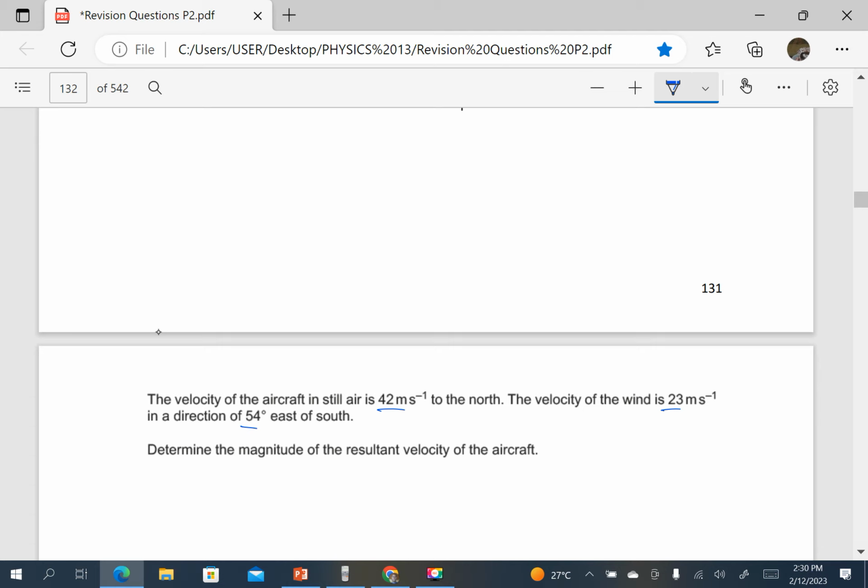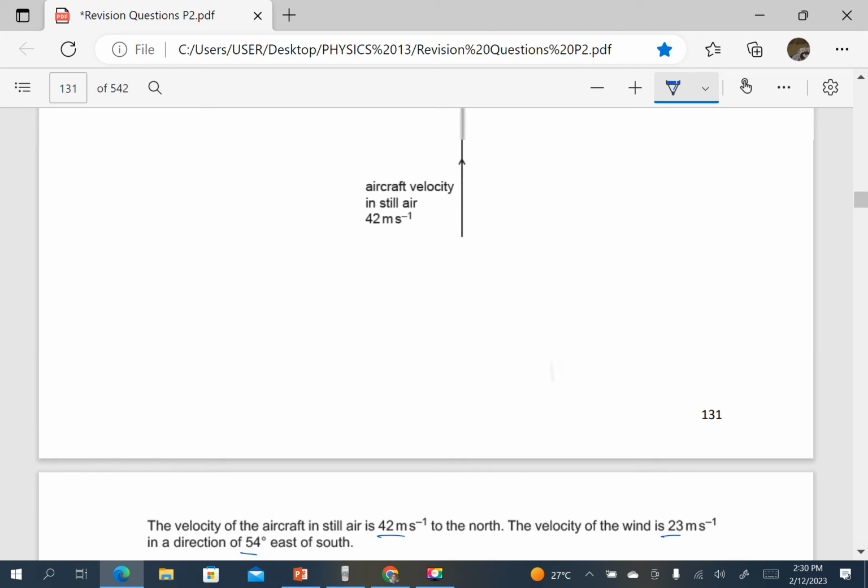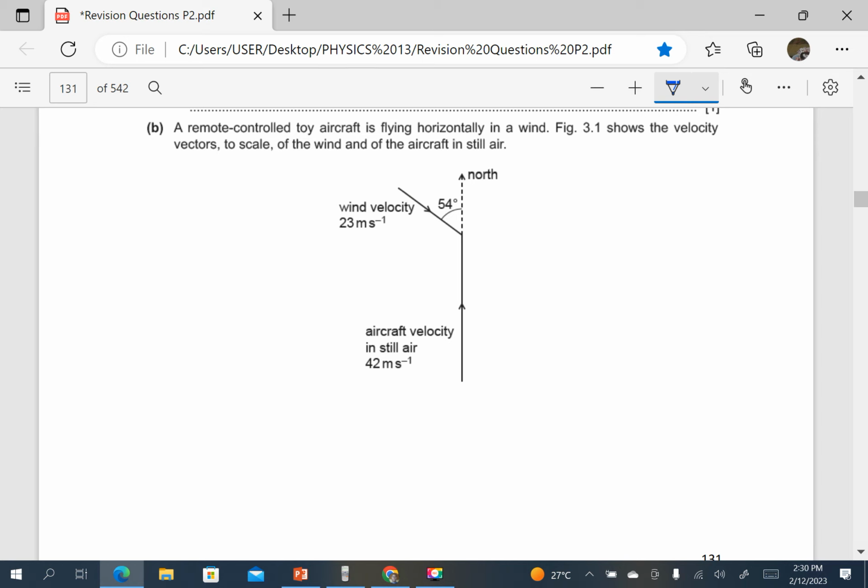Since they did not tell us which method to use, we can first complete this to scale by joining head to tail. So I'll just transfer the velocity of the wind downwards and represent it with its length.